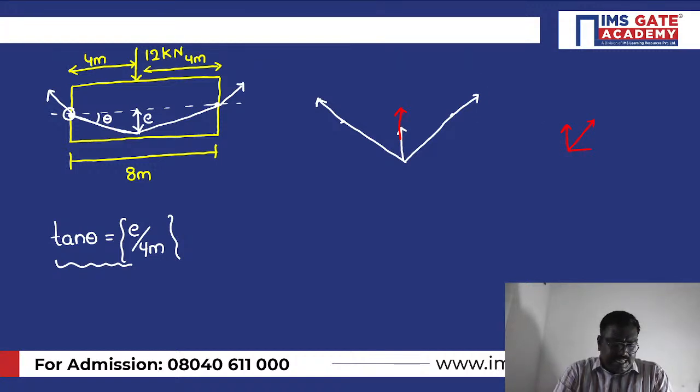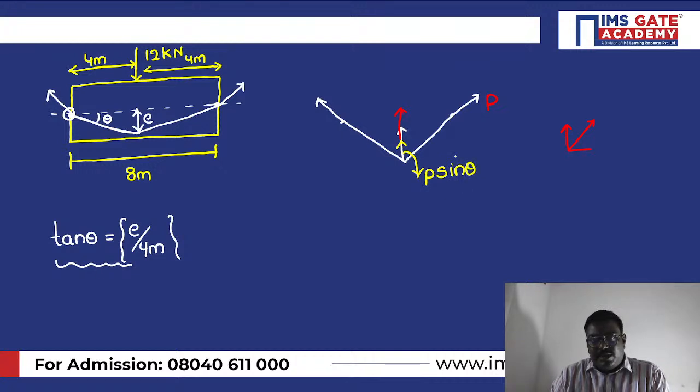If I take this as the pre-stressing force P, this force will be equal to P sin theta, because the angle is theta. The horizontal force will be P cos theta and the vertical force will be P sin theta, due to this pre-stressing force.